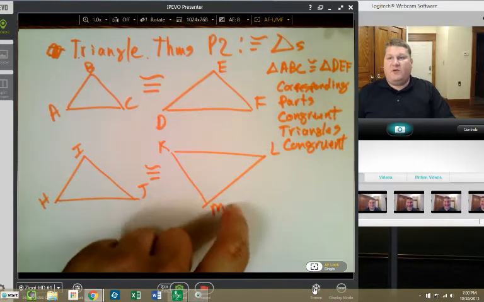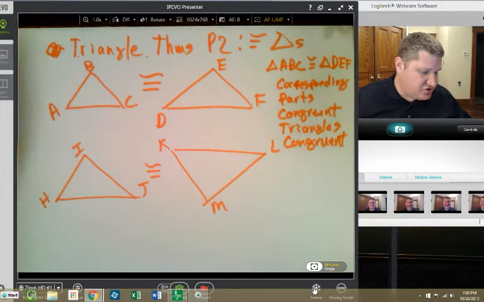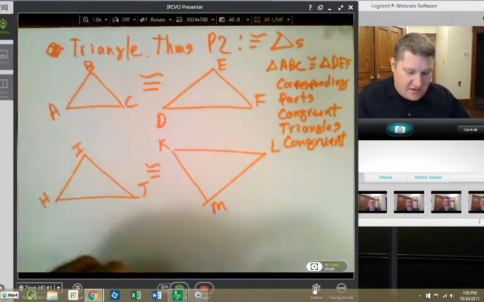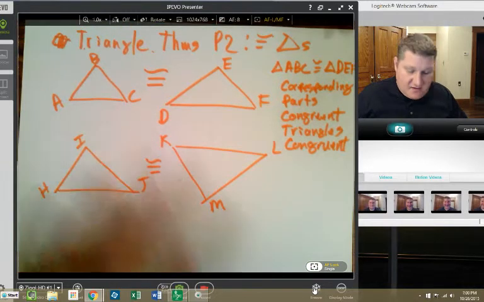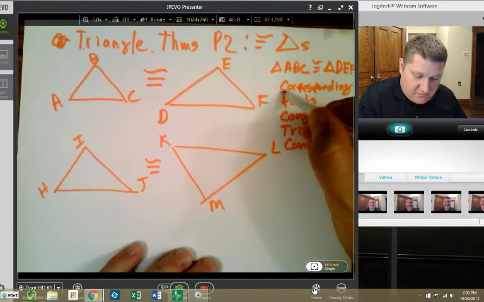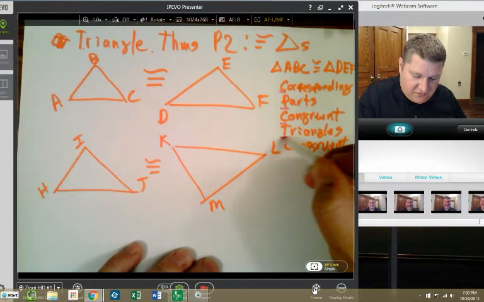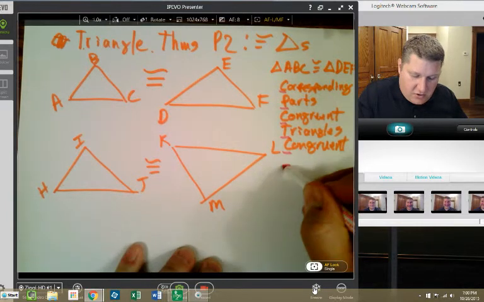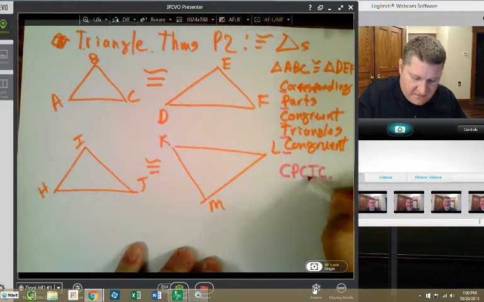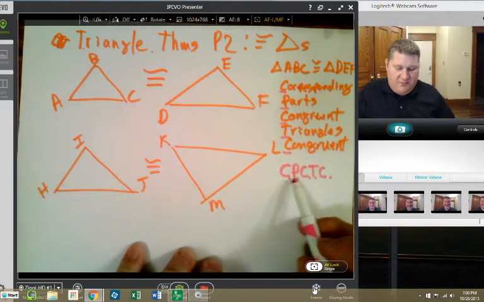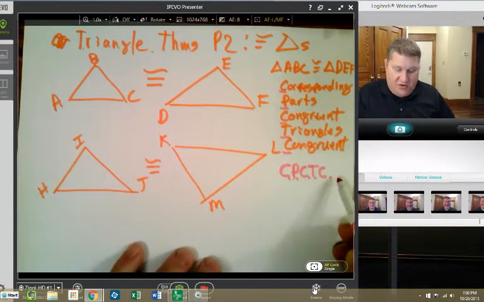So the whole point is, if I have two triangles that are indeed congruent, ABC is congruent to DEF, that's what it says, then I can say that corresponding parts of congruent triangles are congruent, also known as CPCTC. Corresponding parts of congruent triangles are congruent.